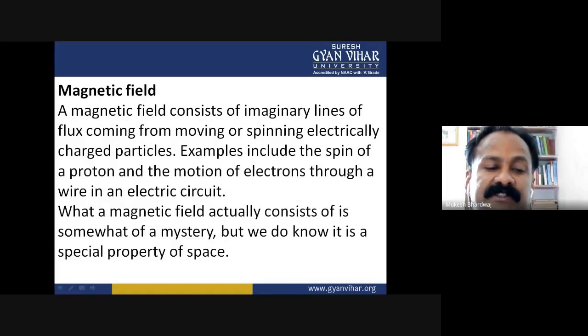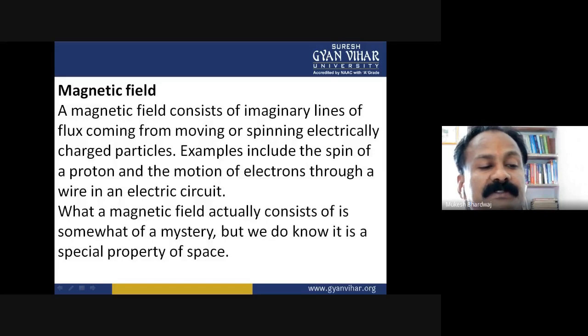The Biot-Savart law states that the magnetic field intensity at point P due to the current element I dl is given by dH equals I dl into 1 r upon 4 pi r squared. The Biot-Savart law may also be expressed in terms of distributed sources such as surface current density and current density J.